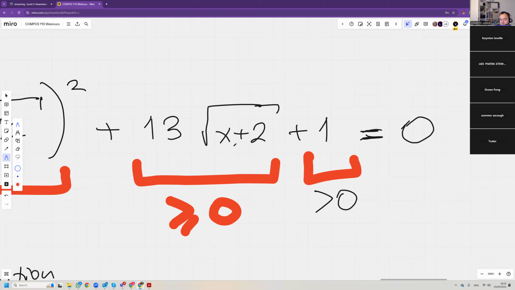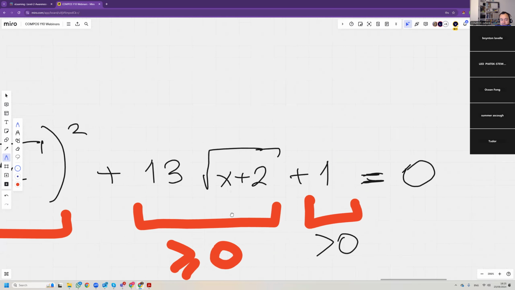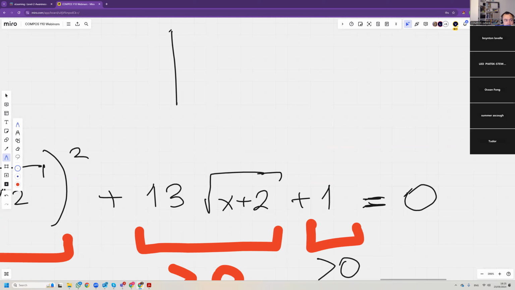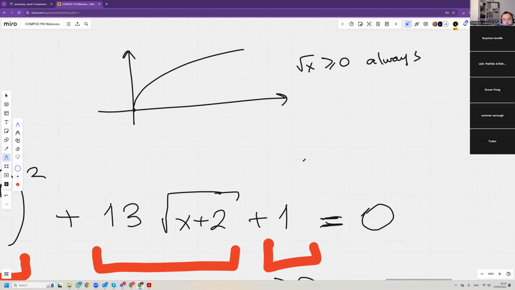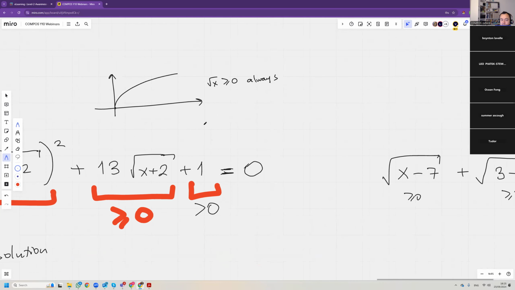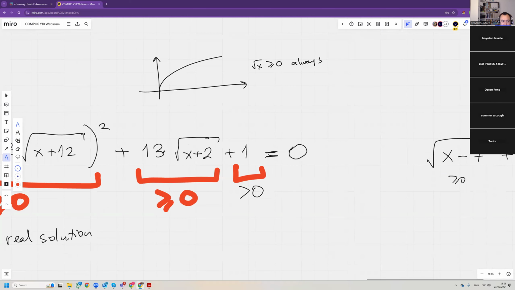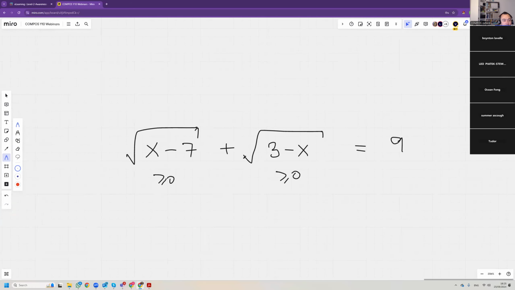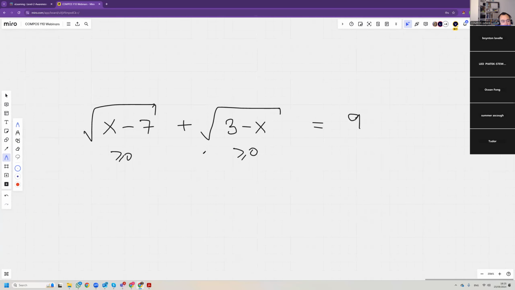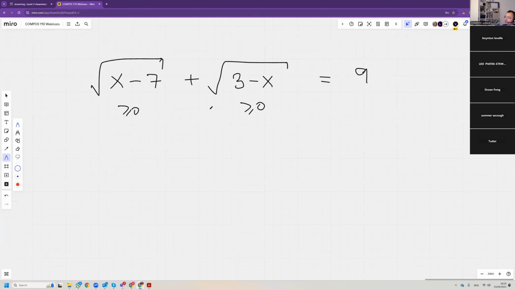Square root is always positive, because if you draw the square root function, it is like this. Square root of x is greater or equal to 0 always. The question was, how do we know that this term is non-negative? Well, because square root. The answer is the square root cannot be negative. So yeah, this one doesn't have solutions either.